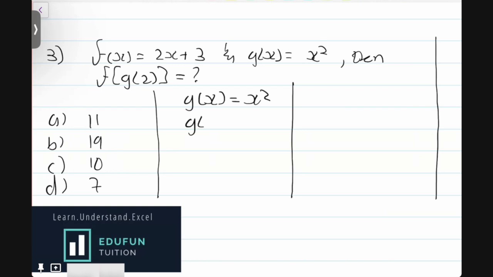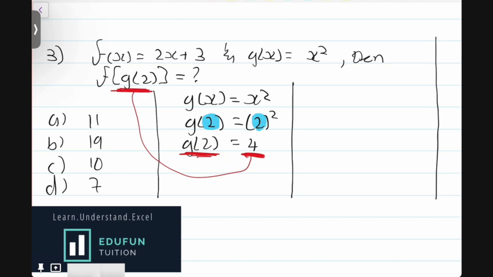Now, g of 2 simply means wherever I see x, I need to put 2. I see x was there, so I put 2 there, and it's 2 squared. That's going to give me a value of 4. So g of 2 is actually equal to 4.